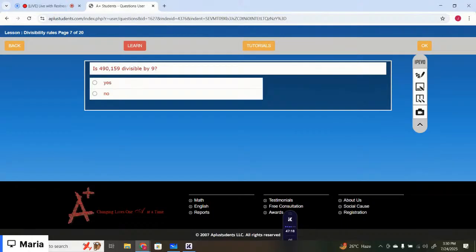The sum of the digits is 28, and 28 is not divisible by 9. So the correct option is no.